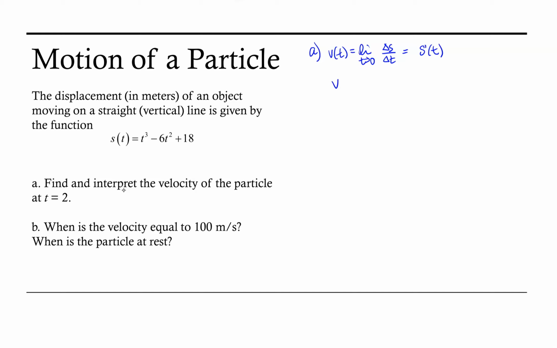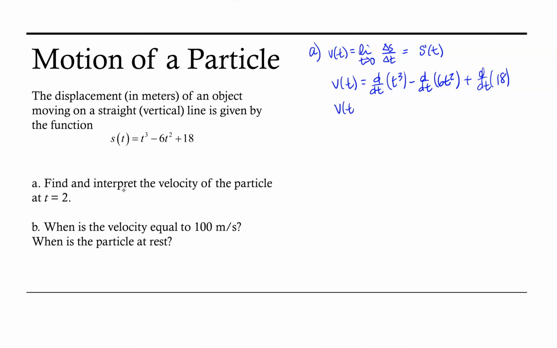So in this case, our velocity would be equal to the derivative with respect to time of t cubed minus the derivative with respect to time of 6t squared plus the derivative with respect to time of 18, using the sum rule.